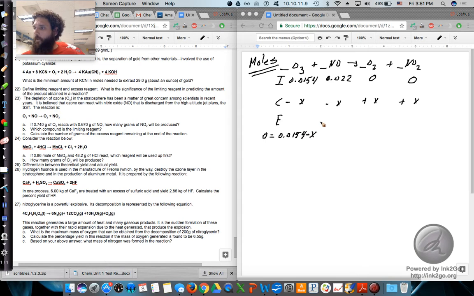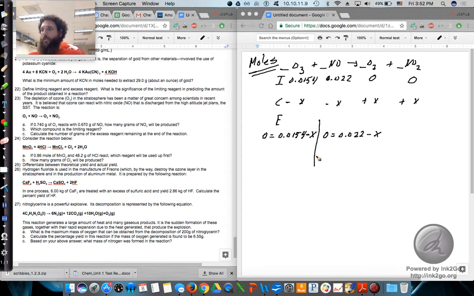We do the same thing for the other one: 0 equals 0.022 minus x. Oh, we got to put the 0 in there first. And then we can solve for x.